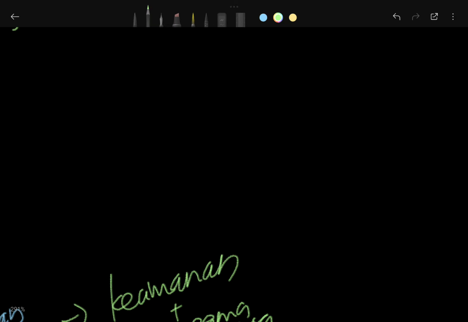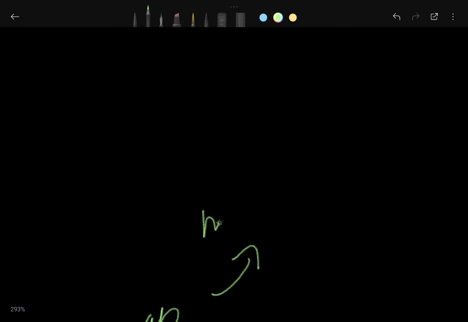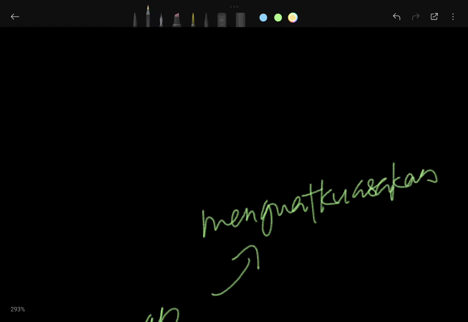So, namun begitu, kegagalan Liga Bangsa-Bangsa dalam usaha menguatkuasakan perjanjian pelucutan senjata, in their efforts to menguatkuasakan, to strengthen their rules about, hey, no firearms, guys.